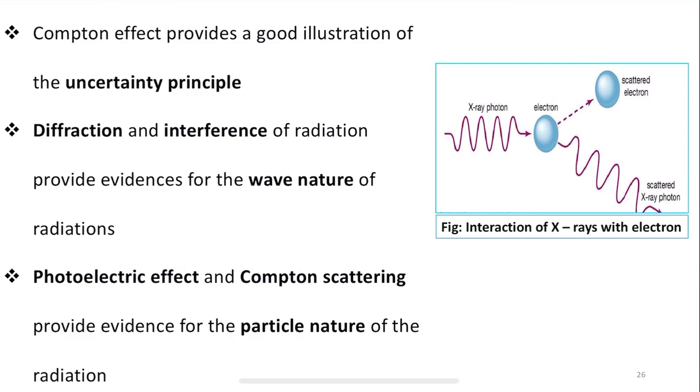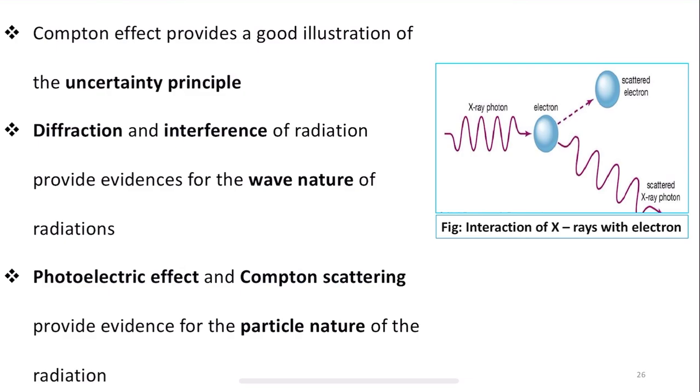It has wave property, wave nature, and at the same time it is also having the nature of light, which is considered as a particle. So it has both wave nature and also particle character. That is very interesting with respect to de Broglie's hypothesis.